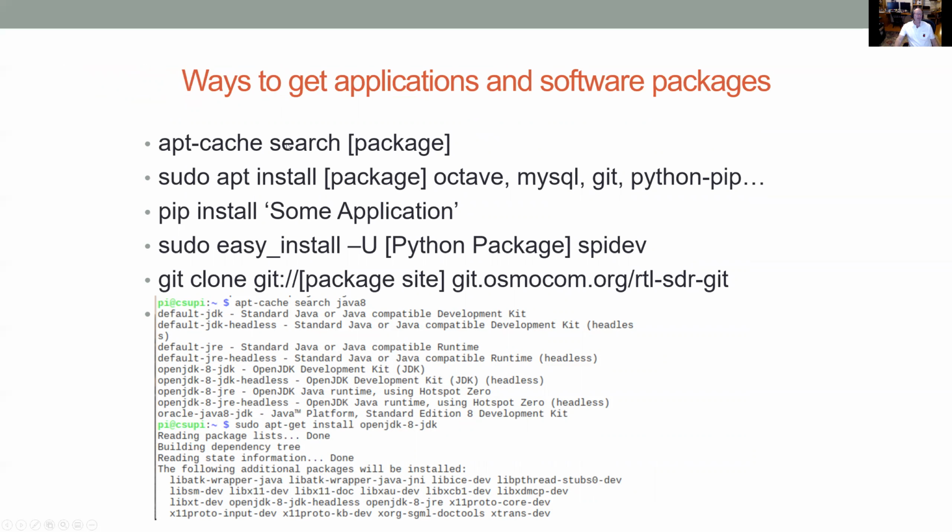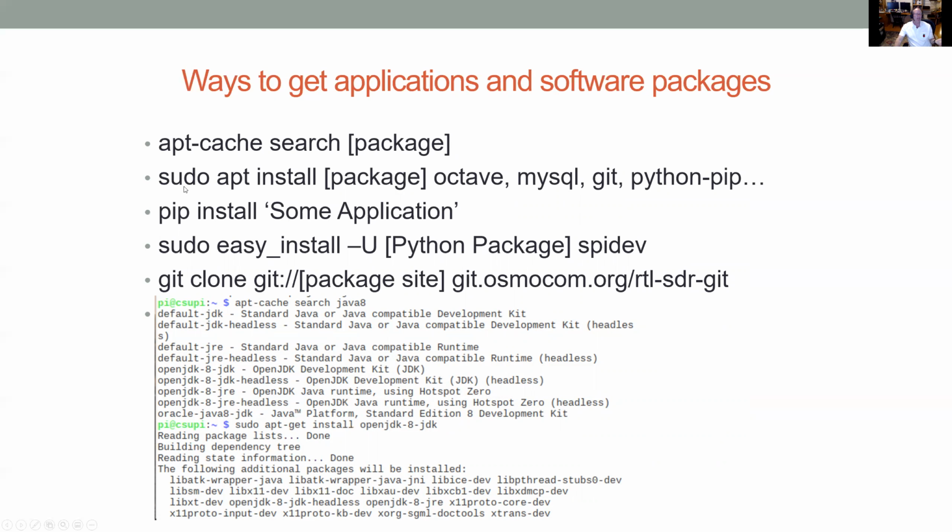So if you're trying to look for something, apt-cache search and then the name of the package you might want, like apt-cache search Java 8 will show you all the things that might have Java 8 in it. If you want to install a package, you must install it in an elevated mode.